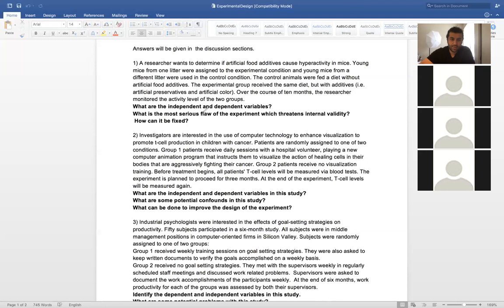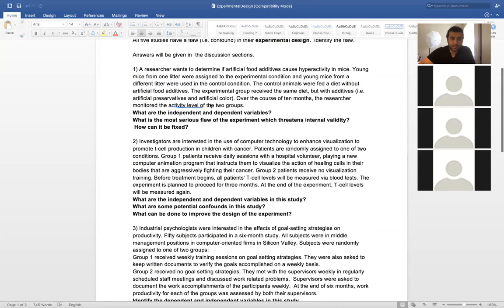So the independent variable is the food additives. Let me see if I can stop this. Oh, cool.